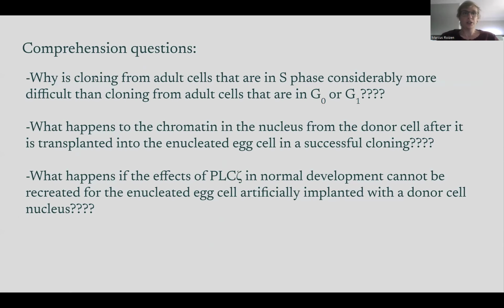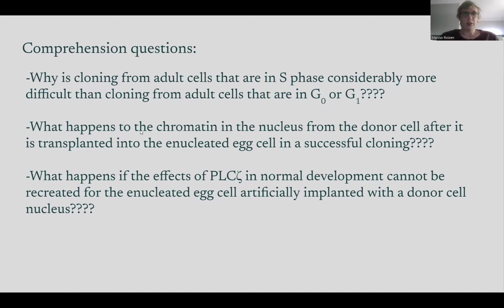Some comprehension questions. Why is cloning from adult cells that are in S phase considerably more difficult than cloning from adult cells that are in G0 or G1? I'll give you a minute to think about all of these, and then the answers are on the next page.